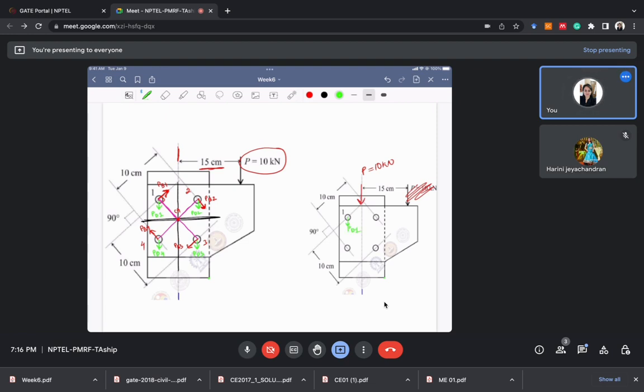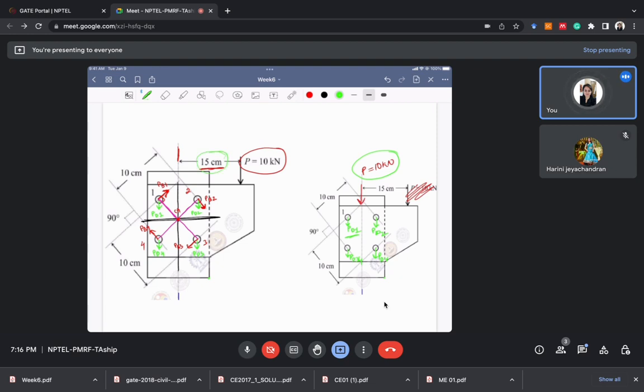Then only PD1, PD2, PD3 and PD4, that is, only direct forces would exist. No force due to bending moment would exist in this case. So PD1 is the force due to the direct load, and the bending force is generated whenever there is an eccentricity.